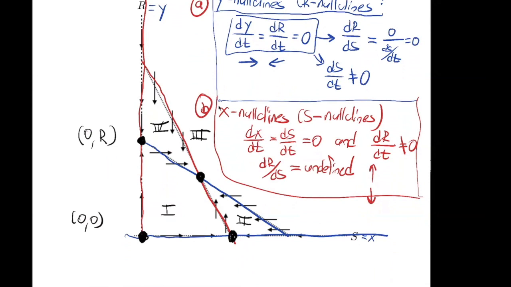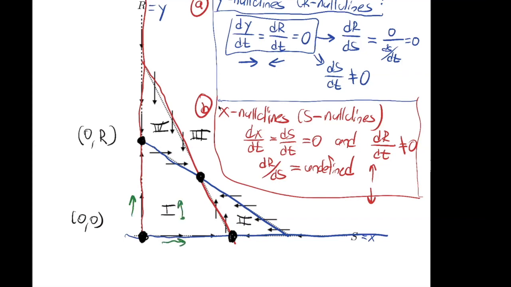So it kind of divides the plane up into regions where the vectors generally are pointing like up and to the left, down and to the right, or whatever. So to determine which way it's going to go, we can see that over here, we've got vectors going up, and we've got vectors going to the right.